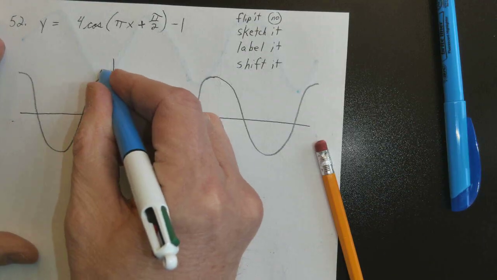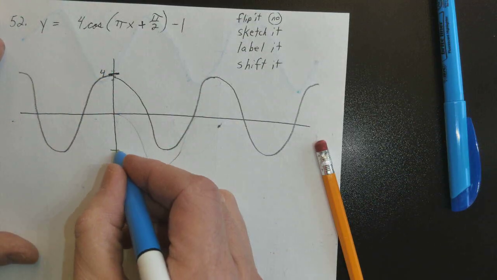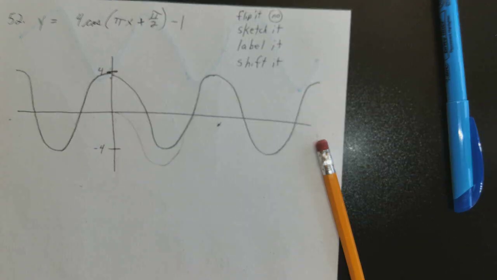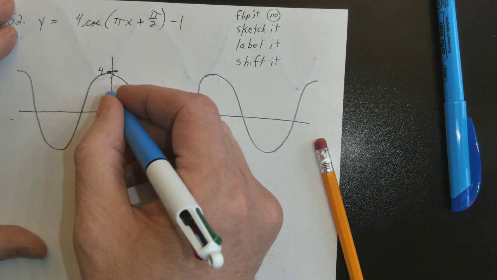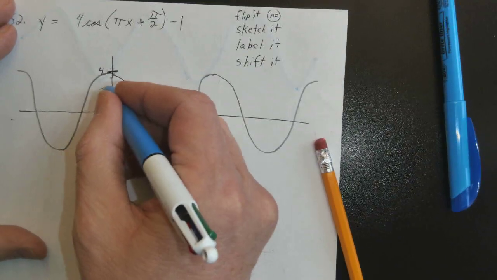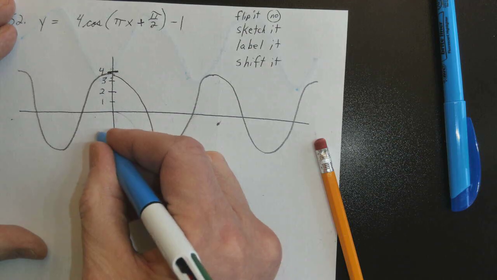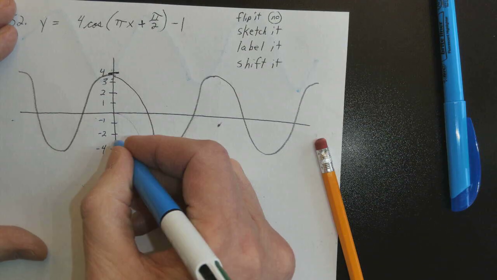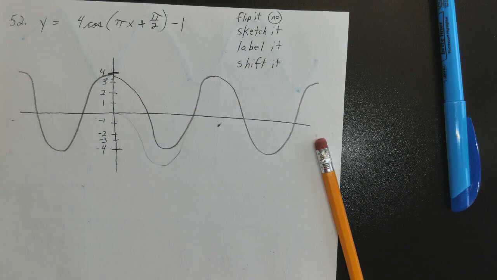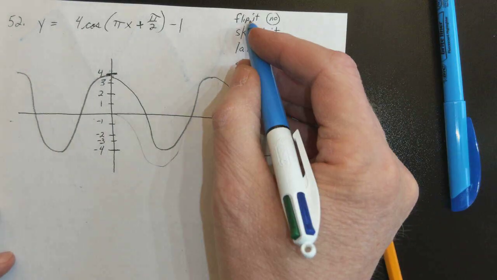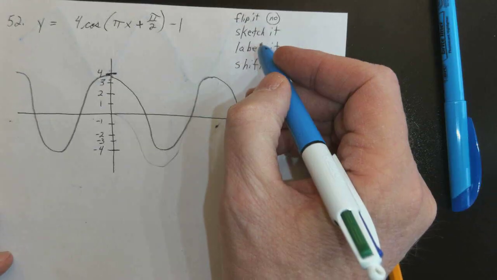Is everybody good with this being 4 and this being -4? Okay. Now, we've got it sketched.